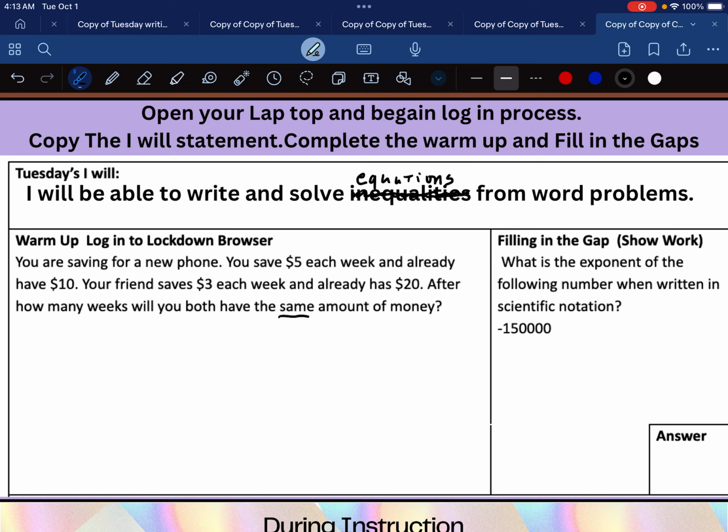Okay. So we've got $5 each week. Already have 10, so that's flat. $3 each week. Already has 20. All right. You, your friend.